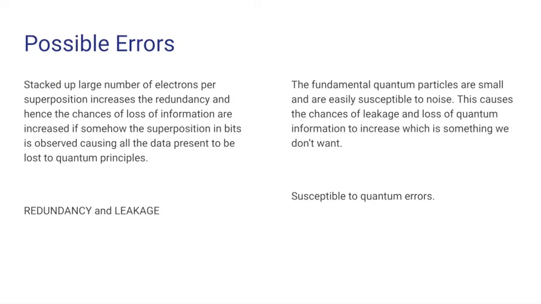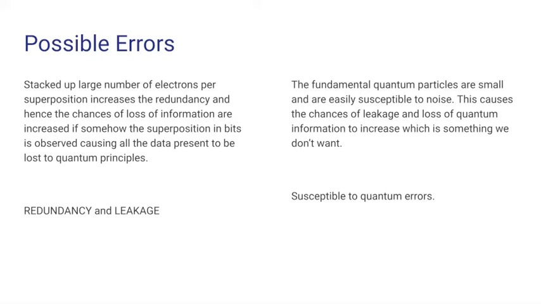So, what do we suggest we do? In one case, we can increase the number of electrons for each bit. This increases redundancy and reduces the chance of loss of information to unintentional observation causing collapse of quantum states. In another case, we can even reduce the number of electrons for each bit.